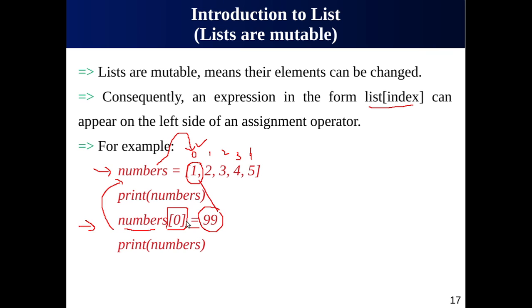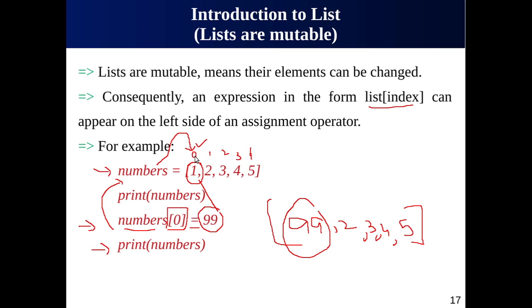After execution of this statement, if you print the list numbers, it is going to be like this: 99, 2, 3, 4 and 5. This is our new list. We have changed the value stored at location 0 or index 0 with the help of the equal operator, and the syntax is here.